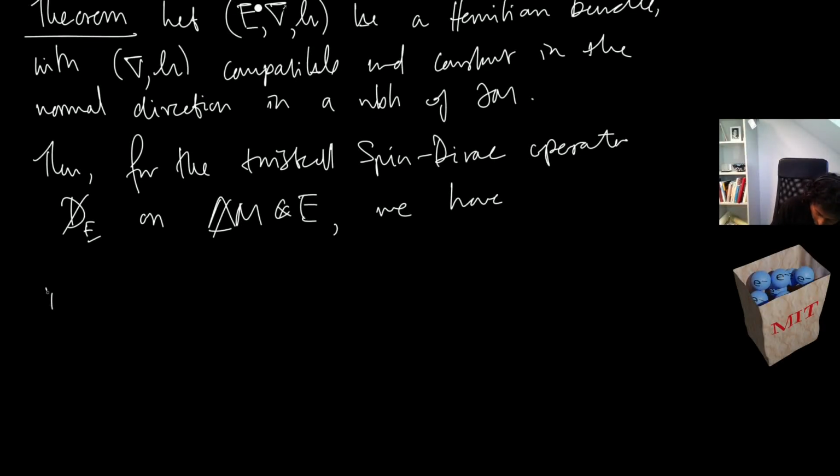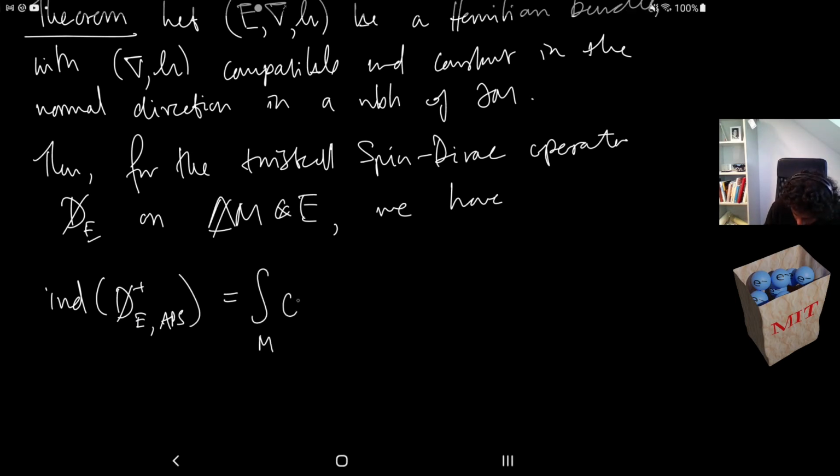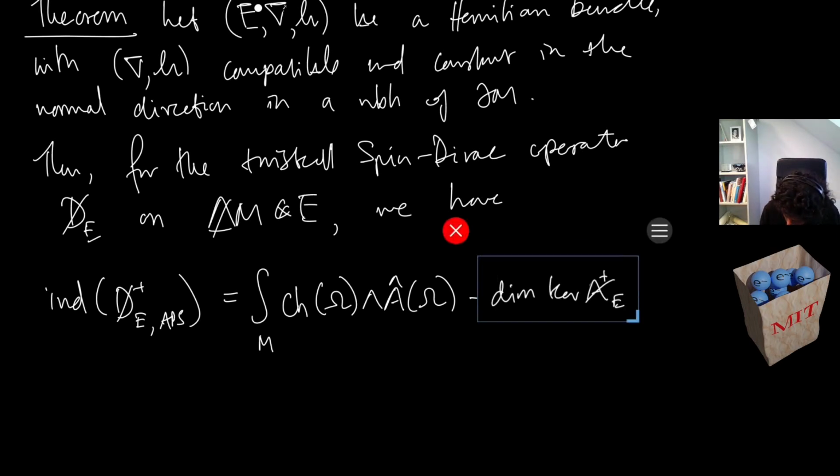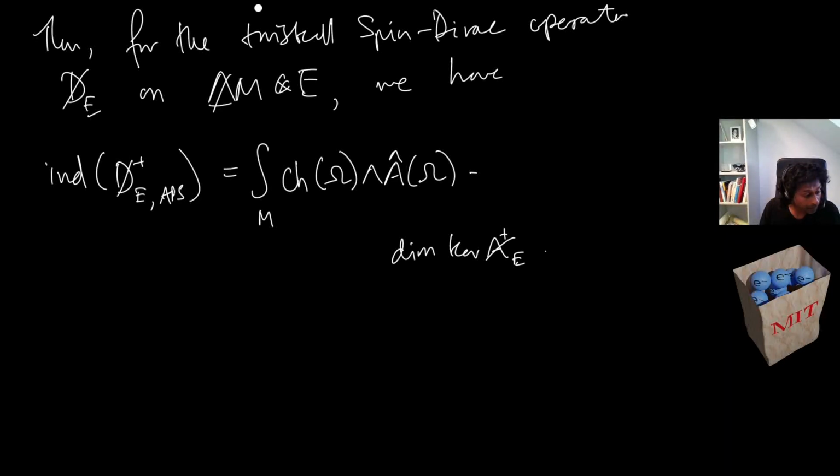The index theorem now reads, so this is again a direct consequence of the APS theorem that we've proved, that the index of d plus E APS is equal to the integral over M of the total Chern form wedged with the A hat, minus the dimension of the kernel of A plus E, plus eta of A plus E at 0 over 2.